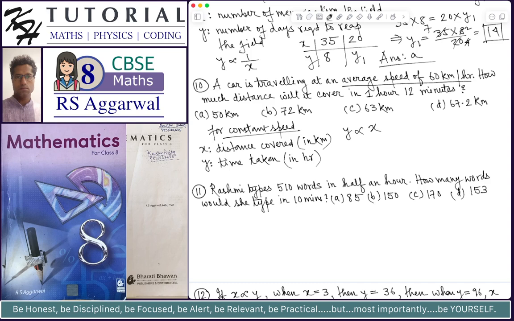If the distance is more, it will take more time, and if the distance is less, it will take less time. So the quantities y and x will be directly proportional to each other.